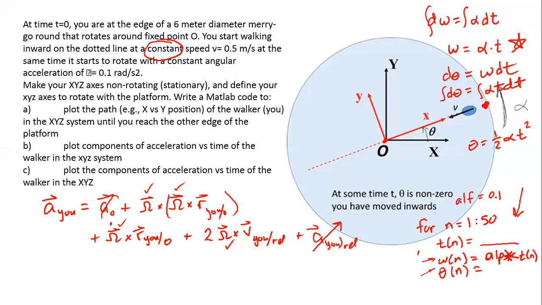And then if I want to know the distance along there, if I have velocity and I want distance, I just have to integrate again. So for the v rel, I've got ds, I'll call it, so that's the distance, is equal to v dt as I'm moving across there.